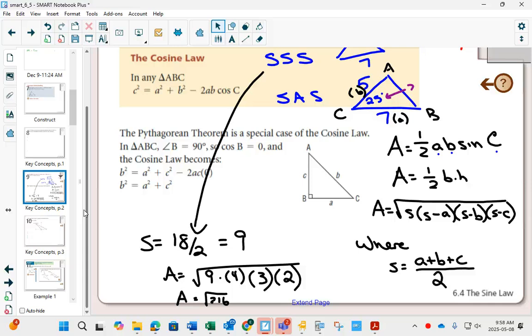So we have a new area formula. Is that area formula also on your formula sheet? Yes, it is. And it even gives you the semi-perimeter part.